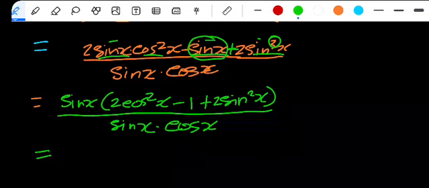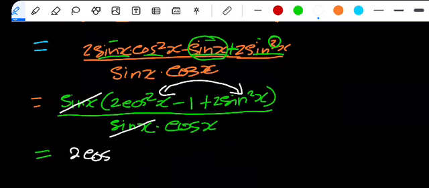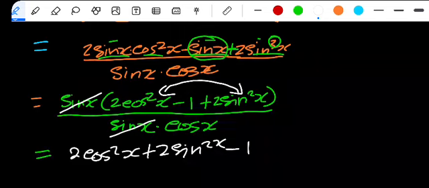Mathematically the sines cancel. We are good there. I want you to notice something again. Let us group these: 2 cos squared x plus 2 sine squared x minus 1.